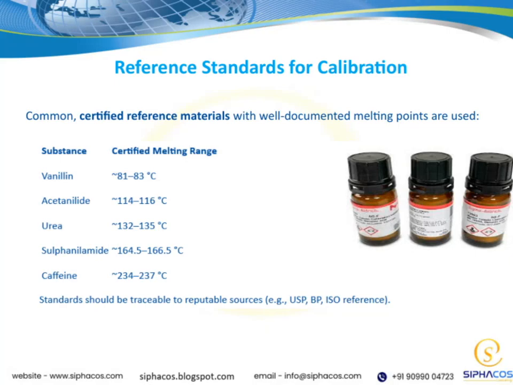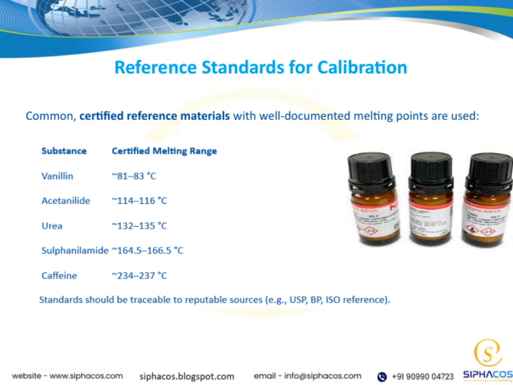Let's talk about reference standards for calibration. When we're calibrating melting point equipment, we rely on common, certified reference materials. These are materials that have well-documented melting points, which means their melting points are precisely known and recorded. Using these reference materials helps ensure that our measurements are accurate and consistent.